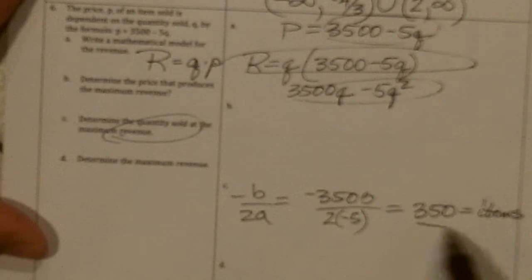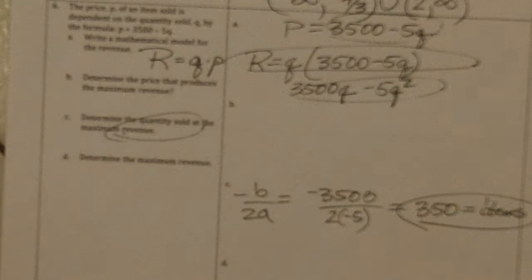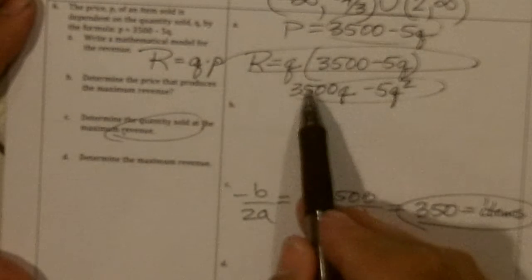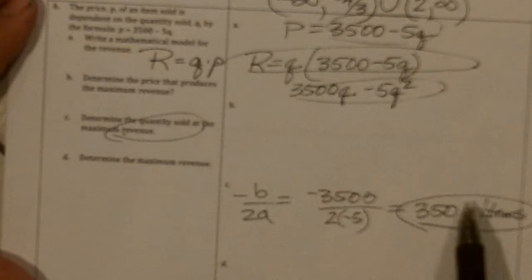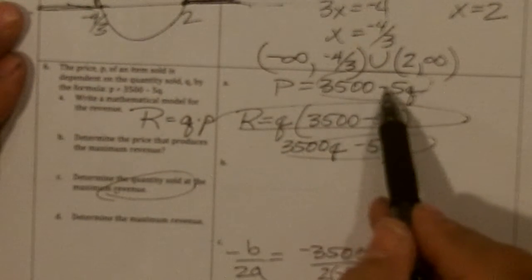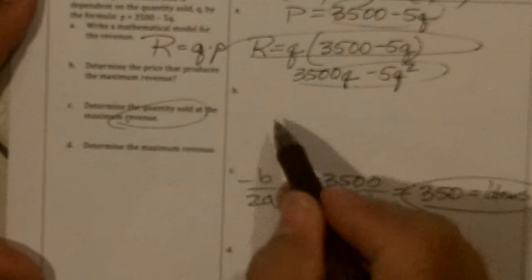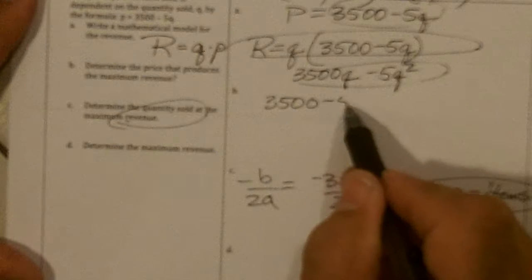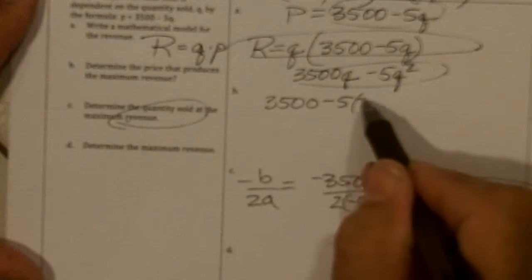So it's 350 items that we're selling. To figure out the revenue, I can put that into this equation. But to figure out the price, I can go back to this original equation, 3,500 minus 5 times 350. 3,500 minus 5 times the 350 for the quantity.